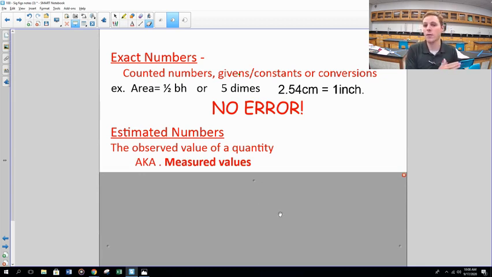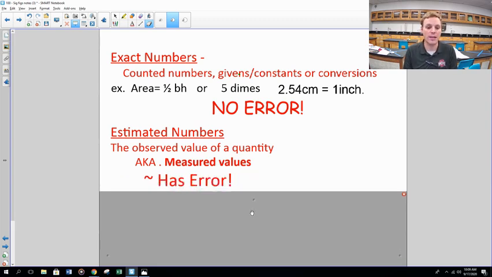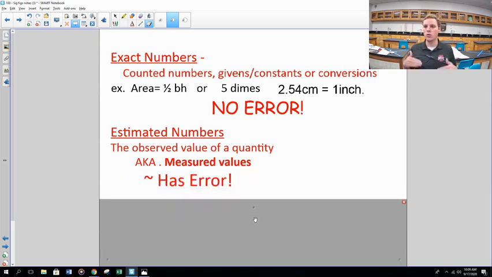So anytime you ever measure anything, I'm not talking about counting or using an equation or doing a conversion, but every time you measure something, you will have estimated at the very end of that measurement, and that means that there's some sort of error in that measurement. So you never know for sure if your estimation is correct or not, and therefore you have a little bit of error every time you measure something. So again, exact numbers, talking about equations, counting, conversions, but measured values have some sort of error. They're not exact.